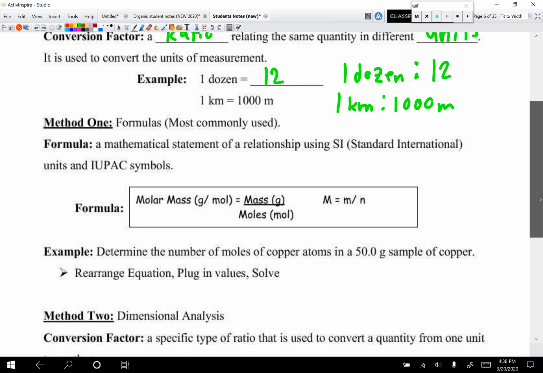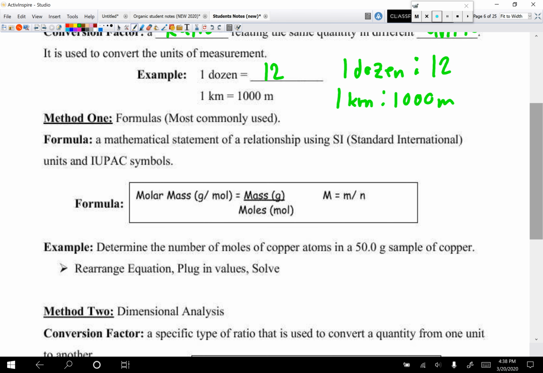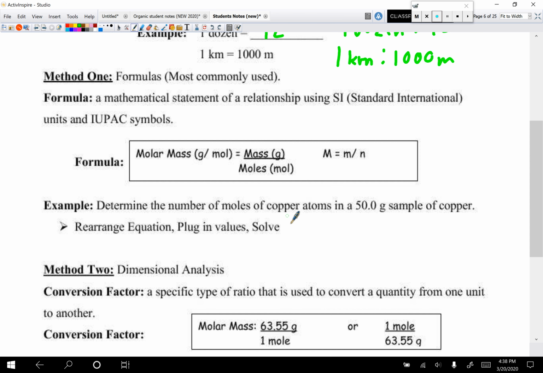So when we look at question number 1, using formulas: if I had to give you this question to determine the number of moles of copper atoms in a 50-gram sample of copper, we would have to rearrange our equation, plug in our values, and solve. If we rearrange this equation, the number of moles is equal to mass over molar mass.